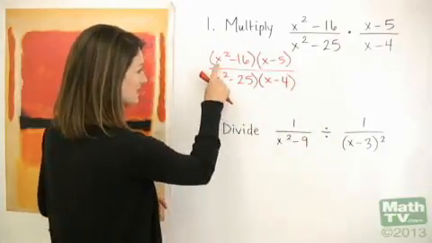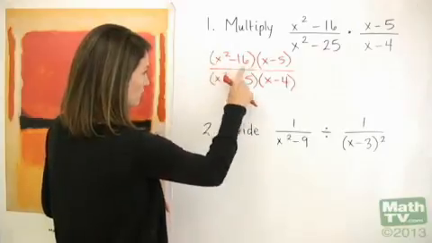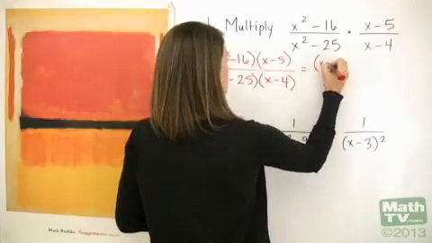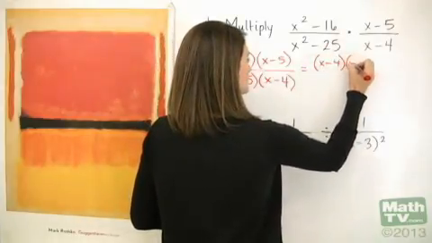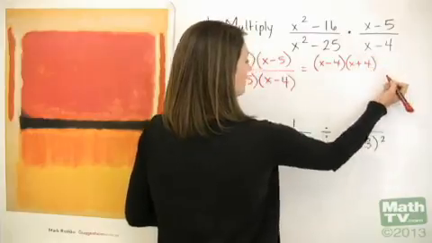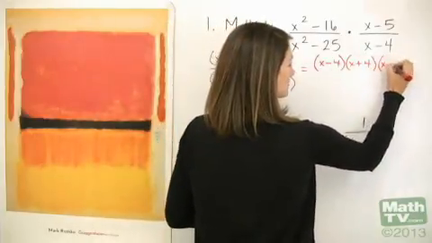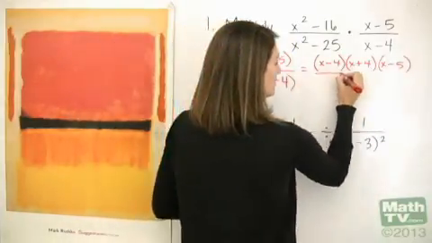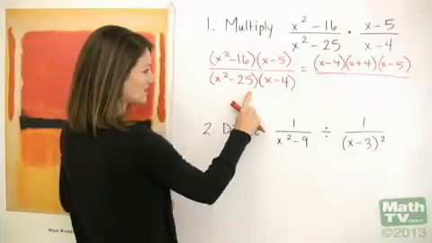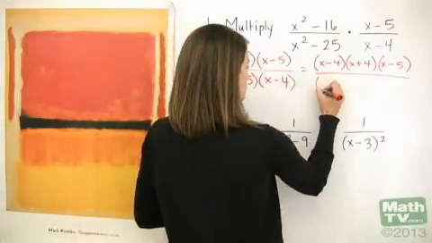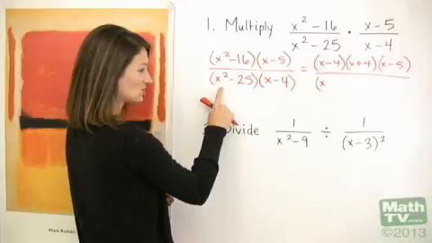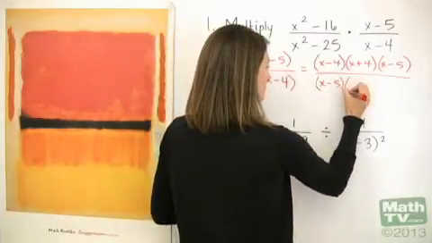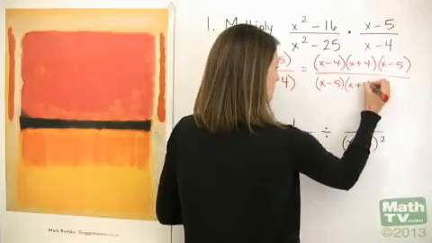Our first step is to factor our numerator. The first parentheses here would factor to x minus 4 times x plus 4, and then x minus 5. So that's our entire numerator factored here. And then our denominator, we're going to factor what's inside the first parentheses as well, which is x squared minus 25, and factors to x minus 5 times x plus 5.